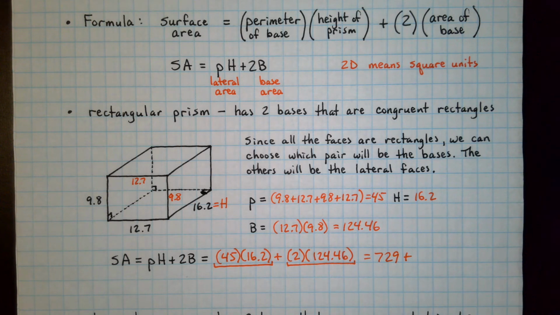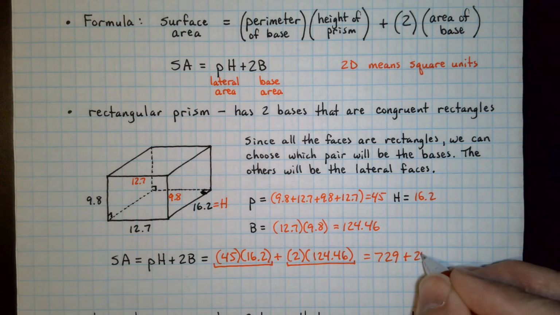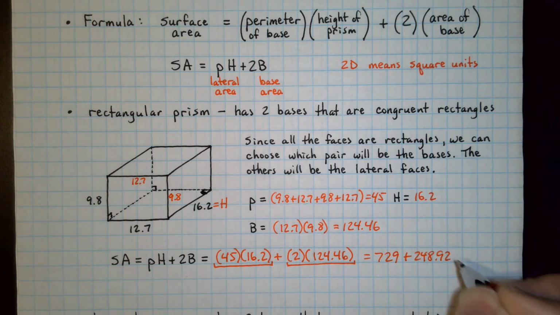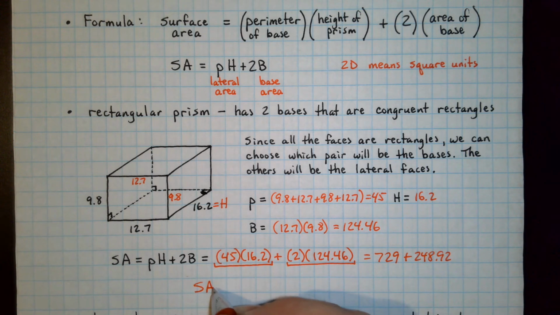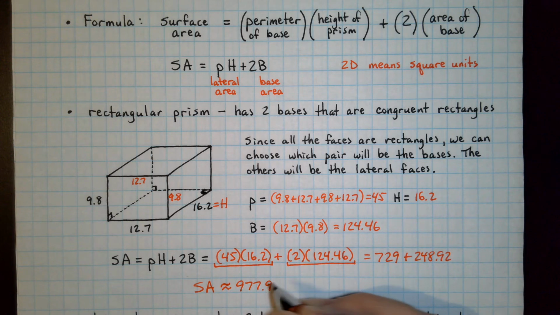And 2 times 124.46 is 248.92. And if I add those together and round it to the nearest tenth, I get that the surface area is approximately equal to 977.9, and this will be units squared.